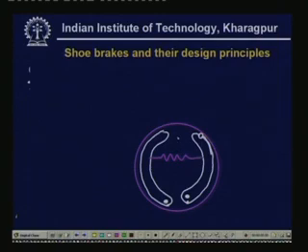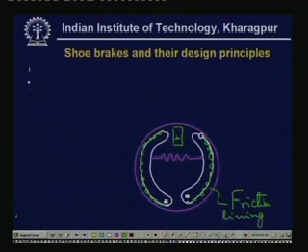So, this will normally be disengaged, and we may have one cam. There is a cam which when rotated will push these two shoes. Now, these are two shoes which contain this friction lining, and if we rotate this, then of course two forces will be developed, Q and Q, two equal forces developed over here.